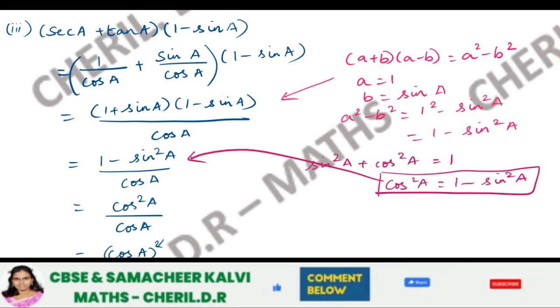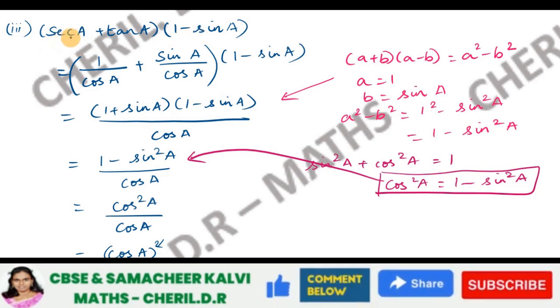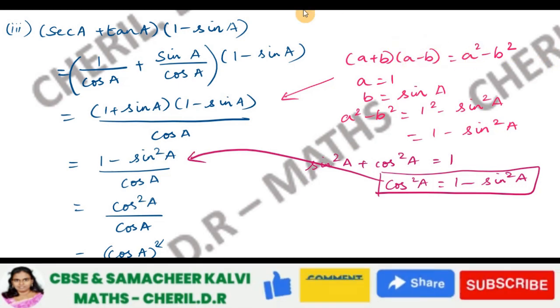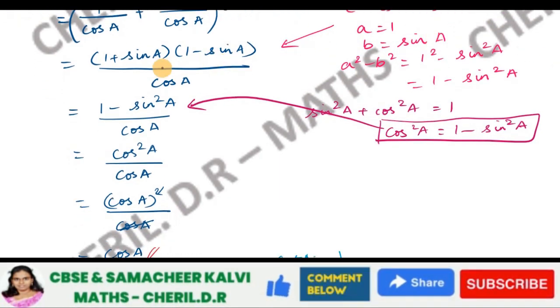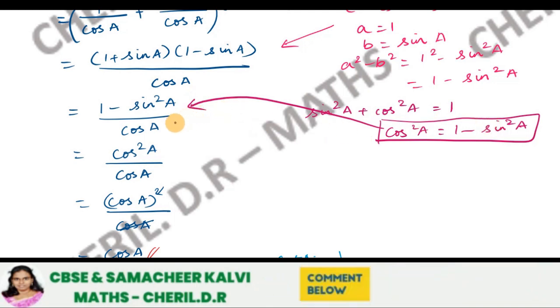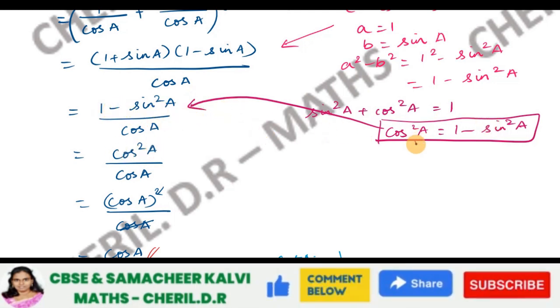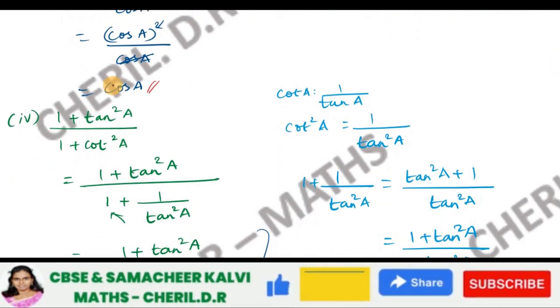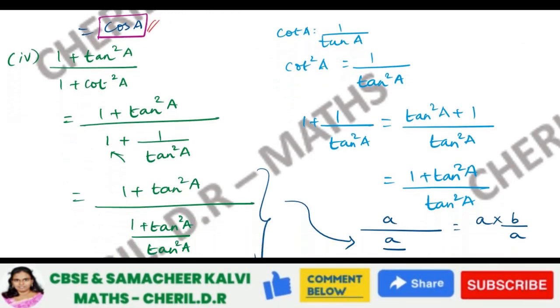First, we'll just give a quick recap. For the previous question, we converted all these in terms of cos and sin, and then we were able to apply the formula a square minus b square, and after that we took the trigonometric identity and applied 1 minus sin square A is equal to cos square A. From that we got the answer to be cos A. For the next one, it was very simple.